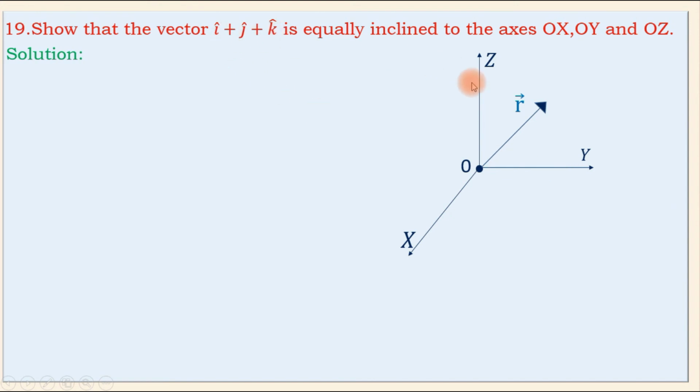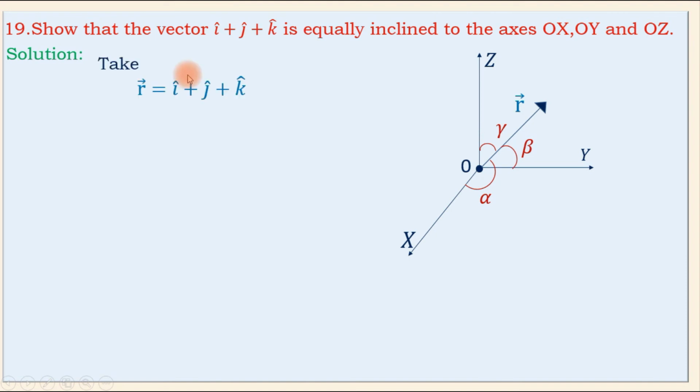Means the given vector r vector is inclined with x-axis at angle alpha, with y-axis at angle beta, and with z-axis at angle gamma. So we need to prove that alpha equals beta equals gamma. Then the given vector is equally inclined to coordinate axes x, y, z.